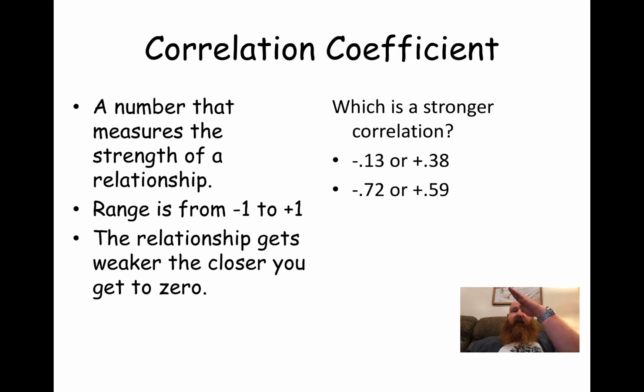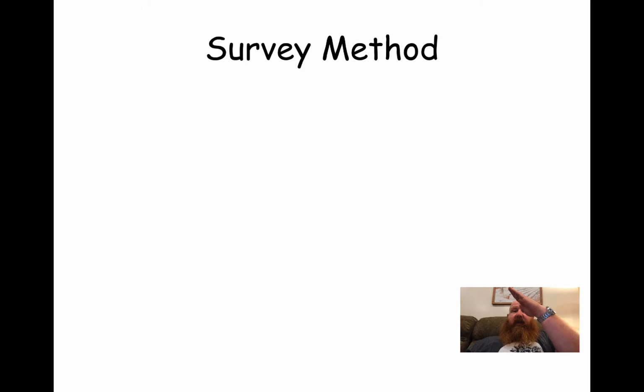Which is furthest away from 0? -0.72. It's closer to 1. It's further away from 0 if you plot it on a number line. -0.91 or +0.04? That one's pretty easy. 0.91 is almost as far away from 0 as you can get.